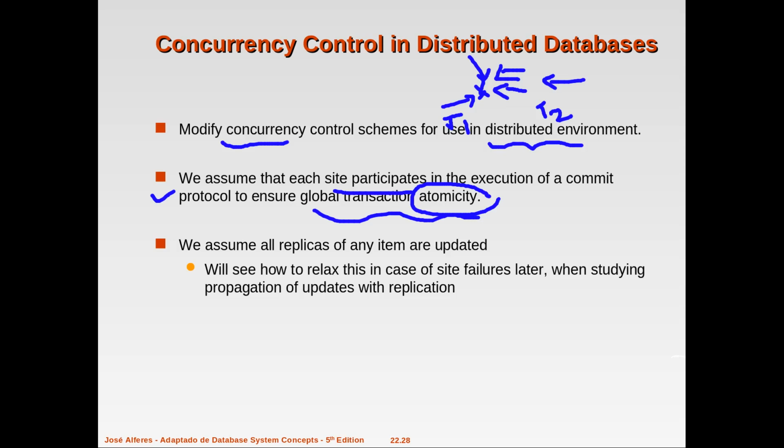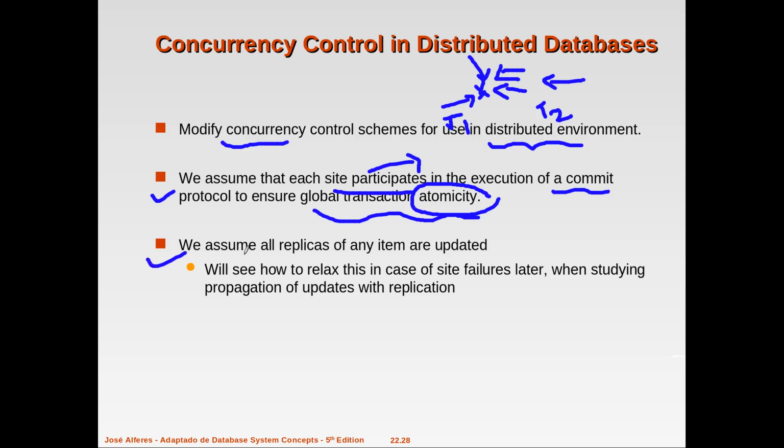So the assumption here is that all the sites participating in the transaction need to use a commit protocol that we were discussing in our previous examples, either a two-phase commit protocol or a three-phase commit protocol. That is the first assumption.